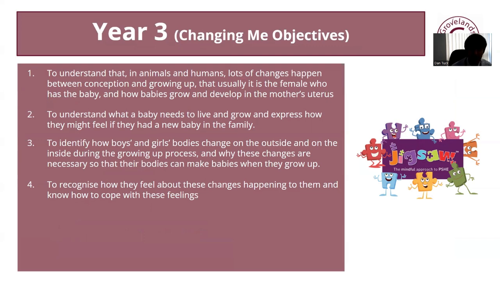They think about how girls and boys' bodies change on the outside, so what we look like changes as we grow up, but also on the inside, and why these changes are important, so that our bodies can do more as we grow up. And we recognise how we might feel about these changes happening to us.